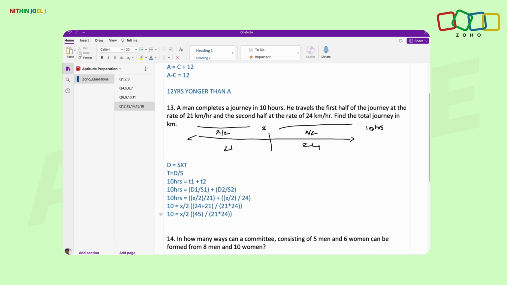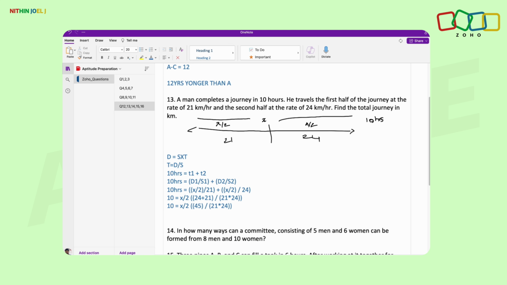Now I'm bringing this 10 to the right hand side and keeping x on the left hand side. So x is equal to 10 into 2 into 21 into 24, divided by 45 over here.